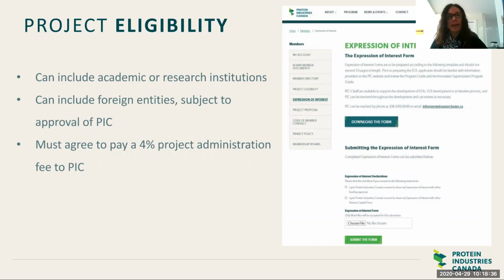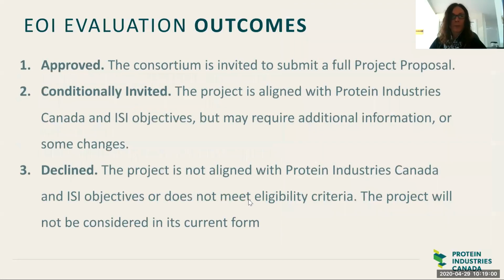Your project can and is encouraged to include academic or other research institutions, such as government research institutions, food development centers. Your consortium partners can include foreign entities prior to a pre-approval. We've seen that in projects to date. And all projects need to pay a 4% administration fee to PIC for management of the project.